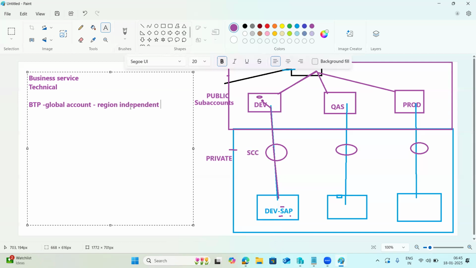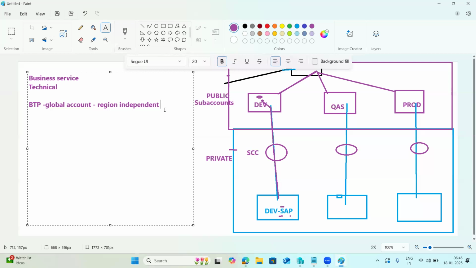We can deploy the applications in different regions at the sub account level. Applications we have to deploy, and business applications we have to use, at the sub account level, not the global account. Global account is only for managing the resources and managing the sub accounts, not for the business applications here. If you want to use a business application or some services, you need to use it at the sub account level only.